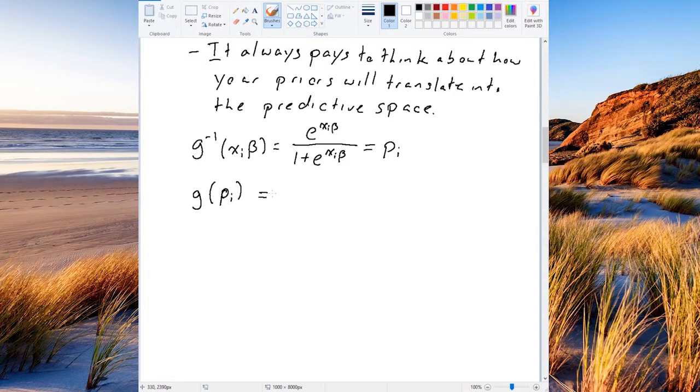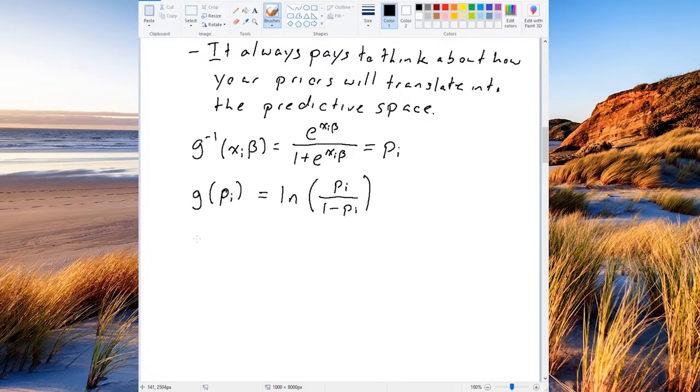G of pi is going to be, if this is the logistic function here, the logit function, which is natural log of pi over 1 minus pi. Now we can use that to our advantage here with the connection between these guys.